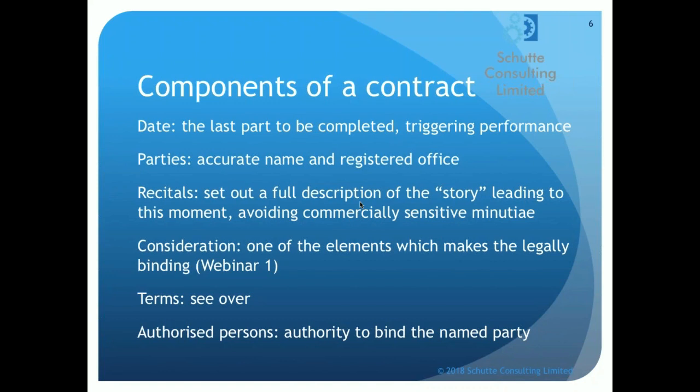If in doubt, do ask the party for confirmation or for evidence that the person who is signing the contract with a beautiful signature has in fact got authority to bind that company. So those are the things to look out for when you're considering each component of the contract.